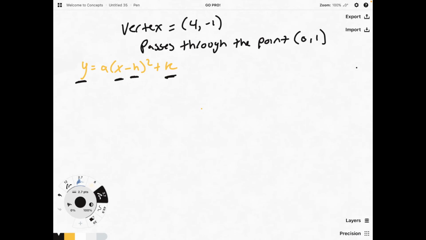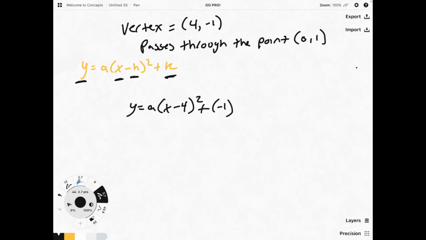Okay, so let's get started. We have y equals a times (x minus h), where h is 4, squared, plus k, which is negative 1.